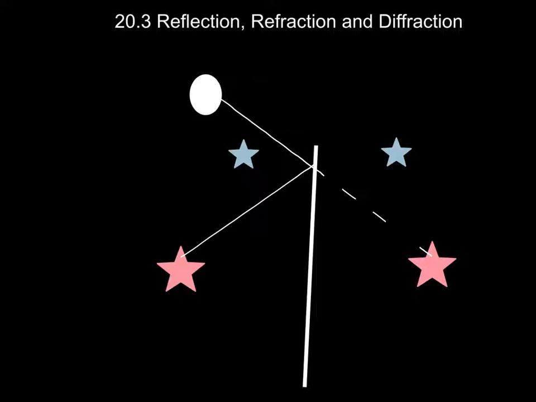But if we're looking at what happens with the blue object, let's line this up and draw our line to the blue object. And then we can see that our light ray to the blue object doesn't pass through the mirror because the mirror stops right here.